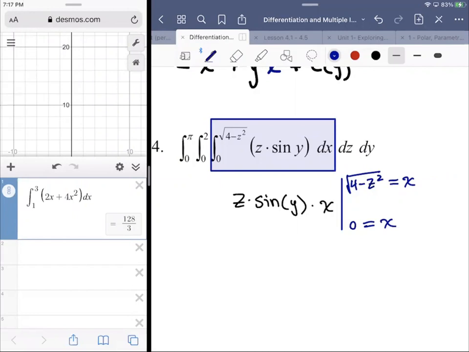All right, so we're going to look at z times the radical of 4 minus z squared, all times the sine of y. So we've handled the innermost integral. Now we have everything else still part of the fray here.